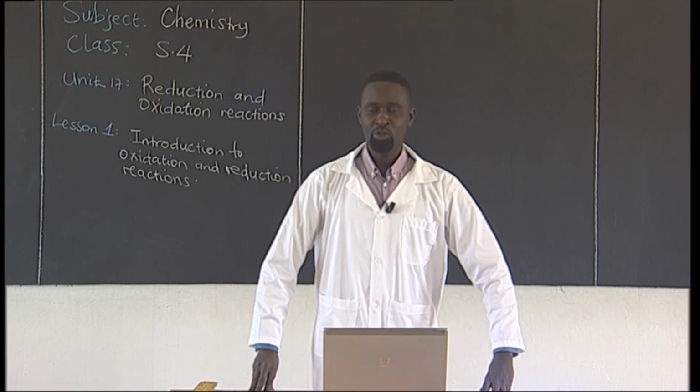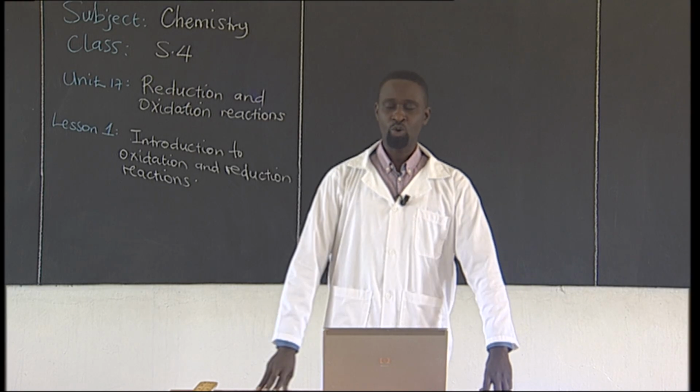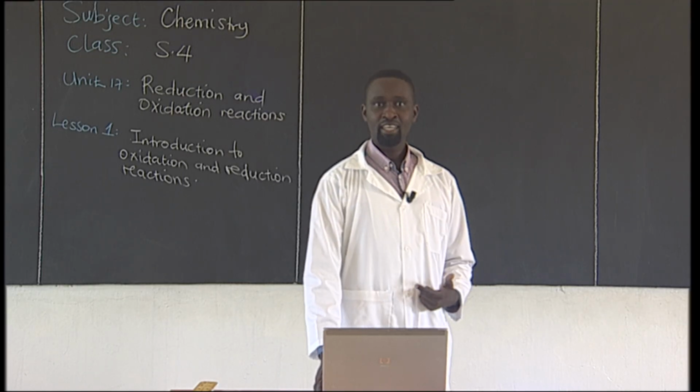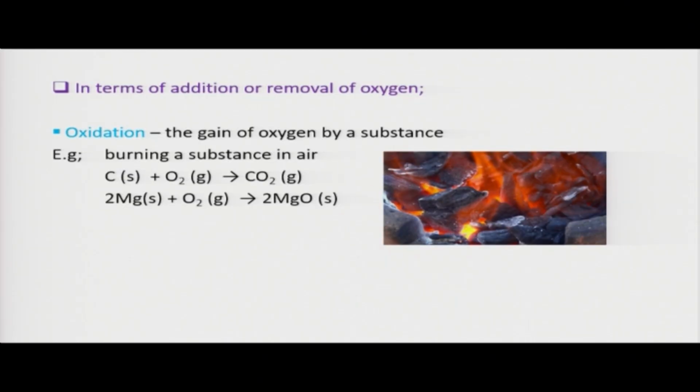So what is oxidation as regards to oxygen? You've been doing this thing. We can take an example of that illustration. Most of us at our homes, we have charcoal, and we use a charcoal stove, right? We use a charcoal stove in cooking.